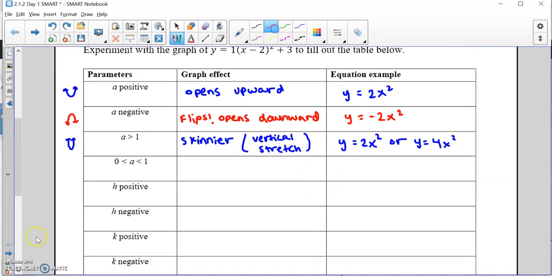So, on the other hand, when we have a number that is smaller than 1 but greater than 0, so it's going to be like a decimal or a fraction, then it's going to get wider. Okay, and this is called a vertical compression.